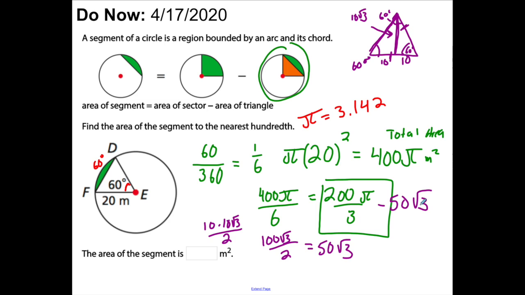At this point, I'm going to make the substitution, so I'm going to do 200 times 3.142 divided by 3 minus 50 times the square root of 3. You can do this all on your calculator. Here's what it looks like when I put it in my calculator.